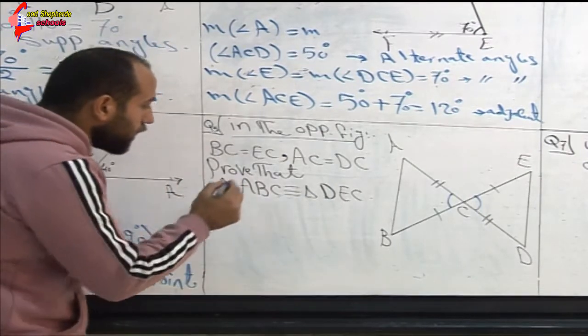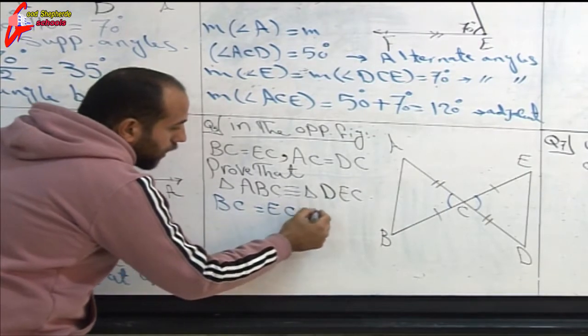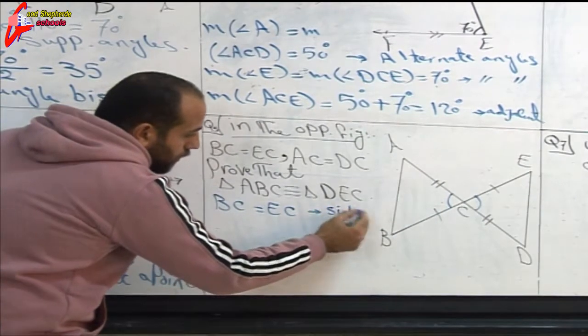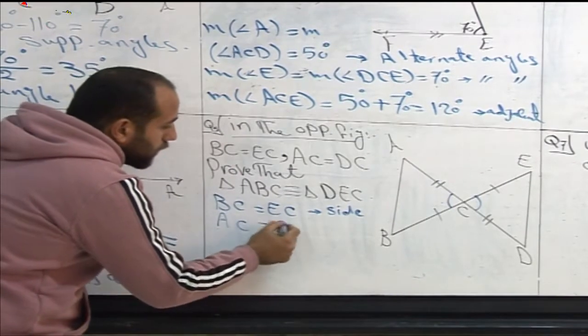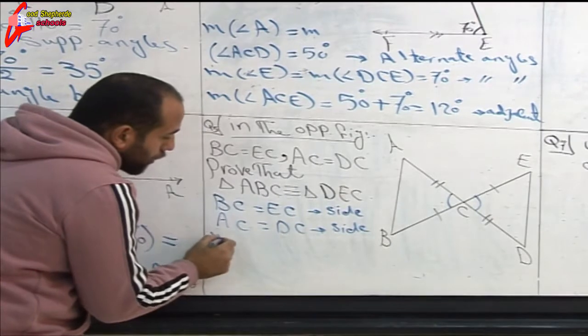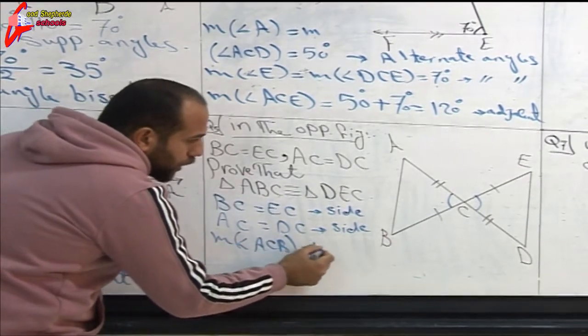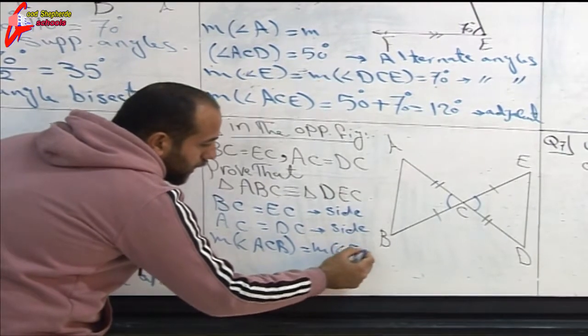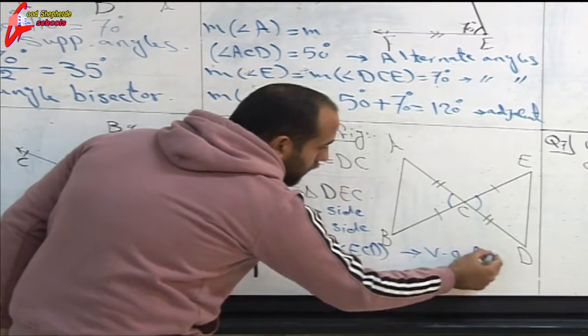So I can say BC equals EC, side, and also AC equals DC, side, and the measure of angle ACB equals measure of angle ECD because they are vertically opposite angles.